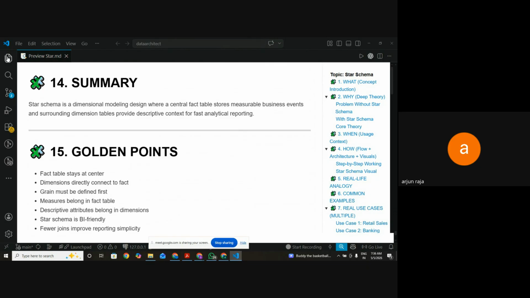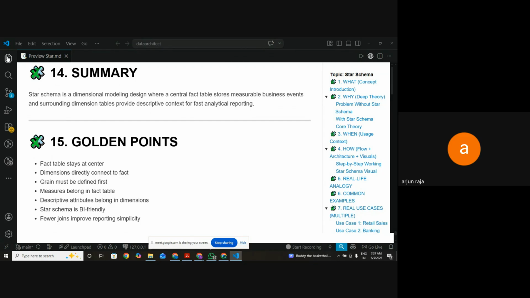Star schema is a dimensional modeling design where a central fact table stores measurable events and is surrounded by dimension tables that provide descriptive context for fast analytical reporting.